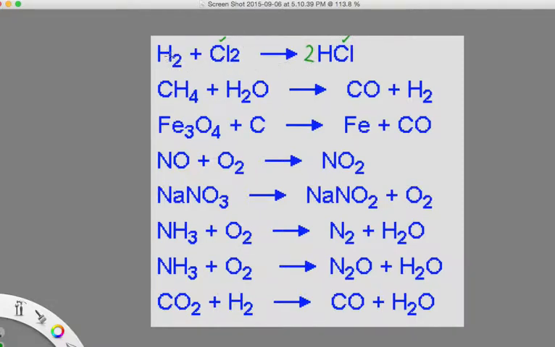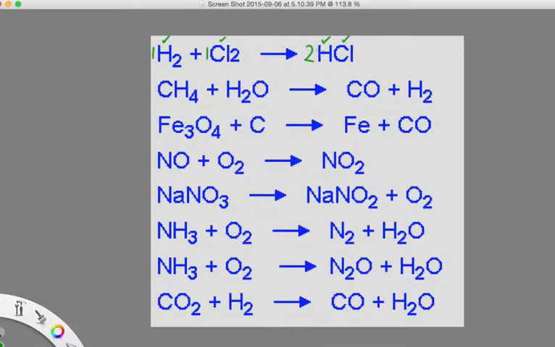Now I take a look at the H2 and I see, all right, there are two H's on this side, and there are now 2 times 1 right here. So that means there's 2 on this side. So both sides of my equation are now balanced for this first question. You can think of this as an invisible 1 multiplied by this and an invisible 1 multiplied by that.